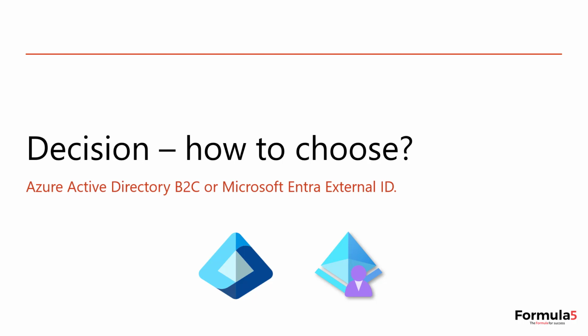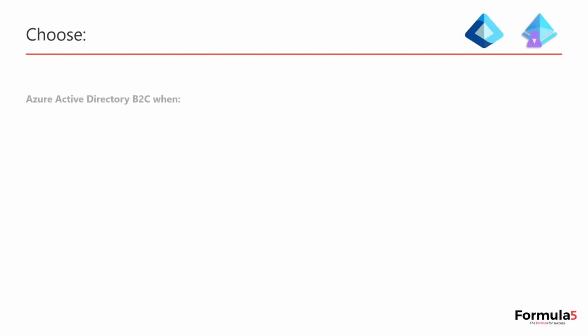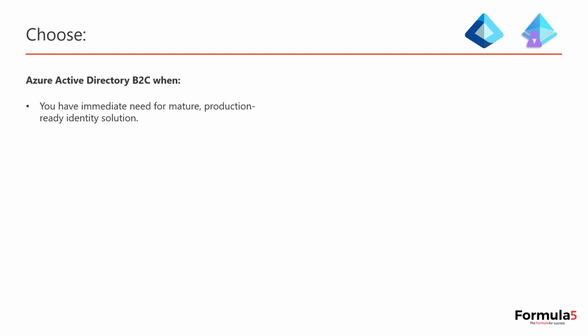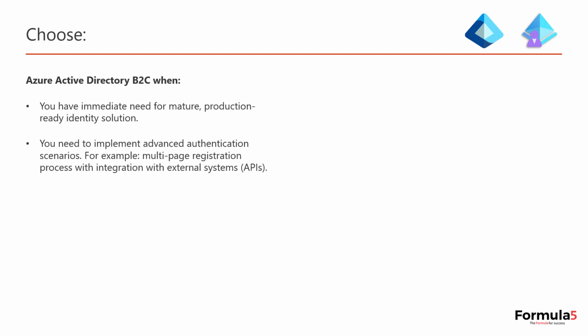Perfect. So now there is a big question. How to choose between Azure Active Directory B2C and Microsoft Entra External ID? Here is my recommendation. Choose Azure Active Directory B2C when you have an immediate need for a mature, production-ready identity solution. You need to implement advanced authentication scenarios, for example, a multi-page registration process with integration with external systems like APIs. In this case, Azure AD B2C will work perfectly for you. You can really create extensive login or registration journeys.